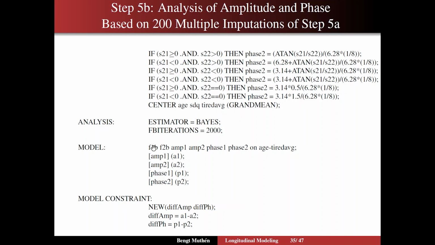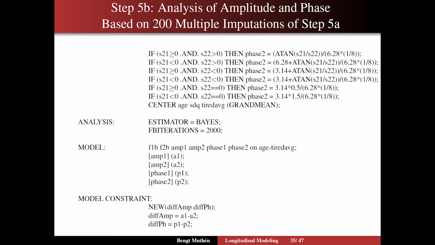So with more childhood problems, you have lower between level factors for positive affect. And you also have a negative relationship to the average of the tiredness. That's not the main focus of the analysis. We are really more interested in how the amplitude and phase relate to the covariates.